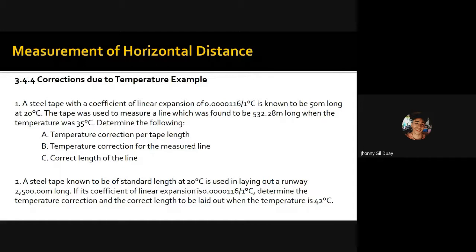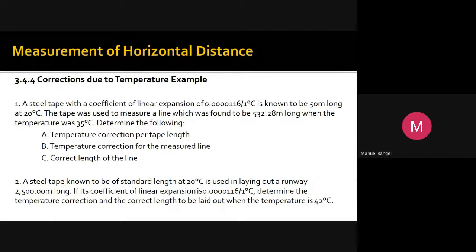Determine the following. A, temperature correction per tape length. B, temperature correction for the measured line. C, correct length of the line.